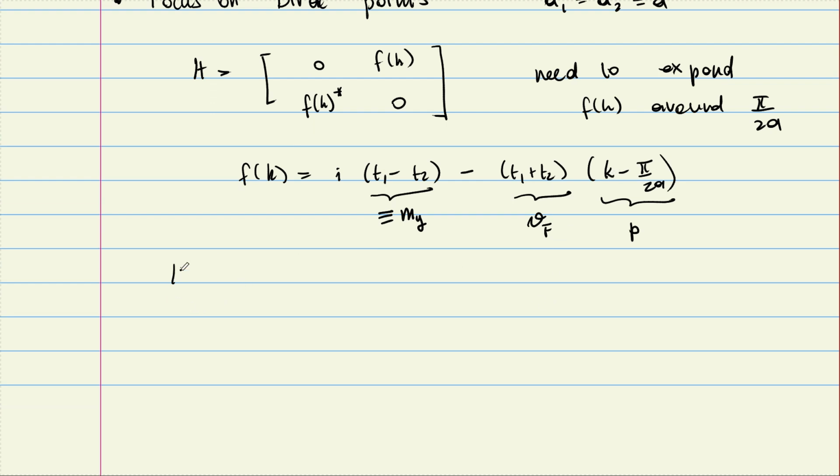Then H is going to be 0, V Fermi P minus i m y, and this one is going to be V Fermi P plus i m y, 0.